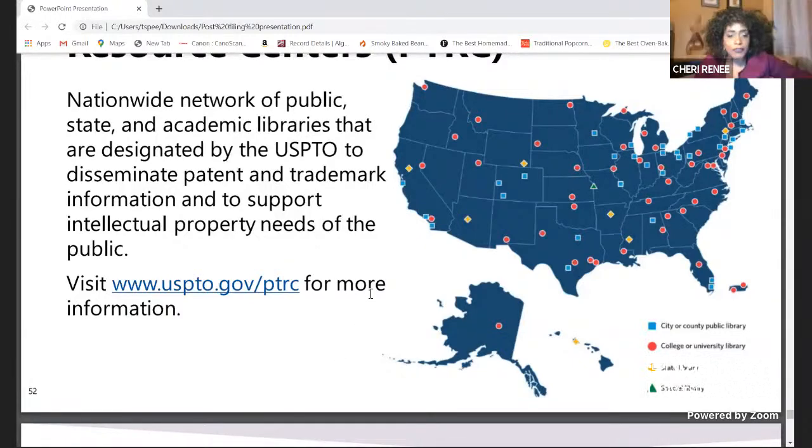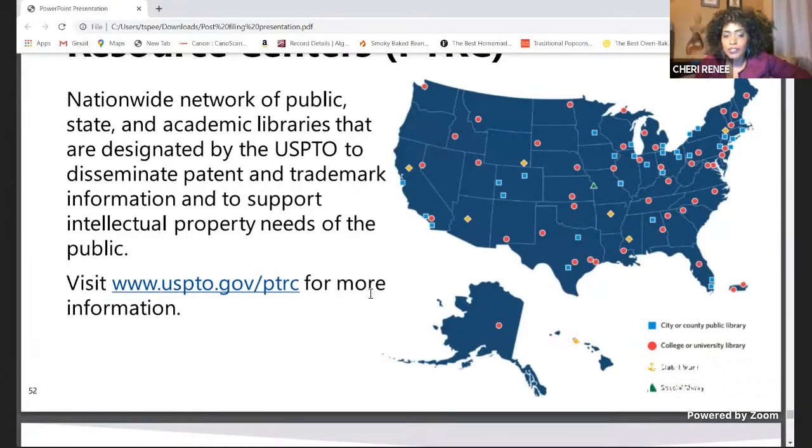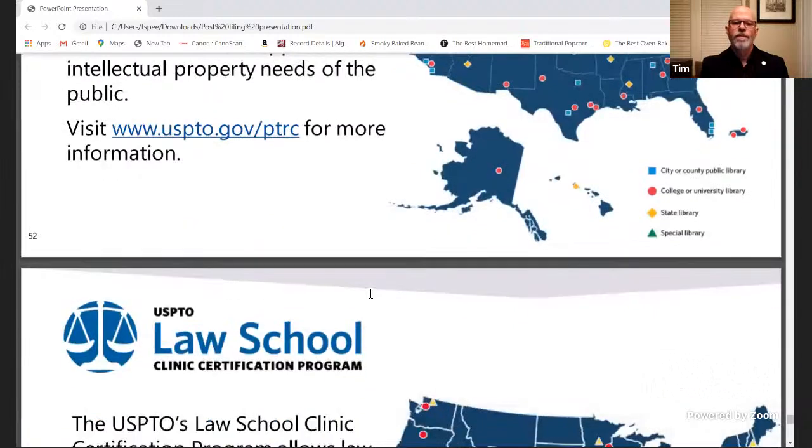So just be on the lookout for that. And this map is available on the USPTO website so that you can click on it and get the information you need about it. Okay, thank you.